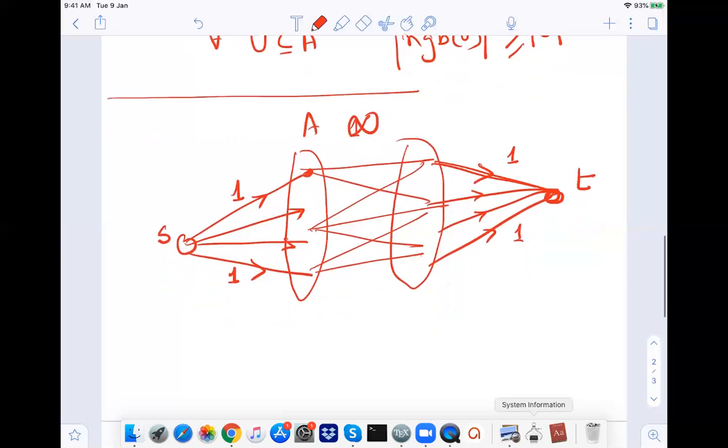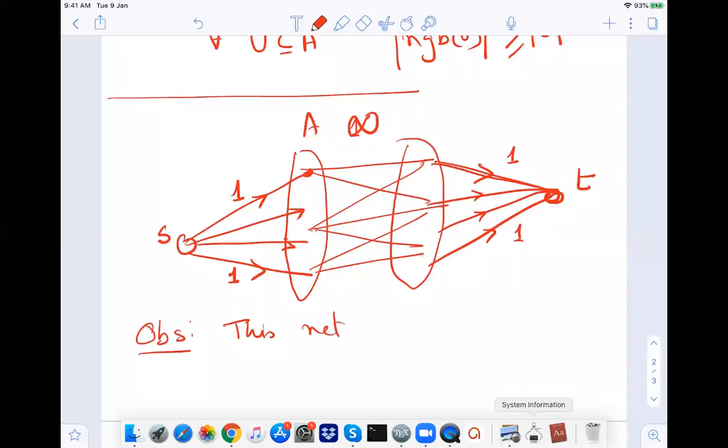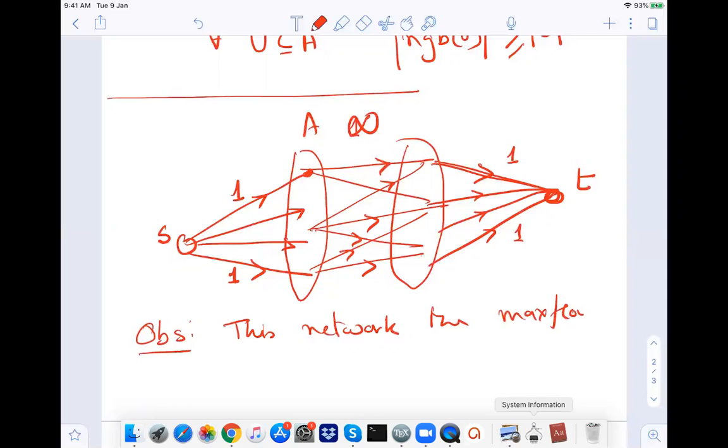So the first thing to observe is that in this network, let's call this network G prime, and I direct all the edges in this direction. Now, when is the max flow equal to the size of A?